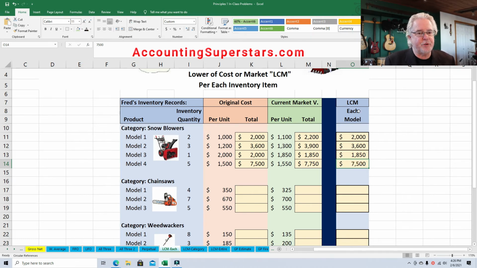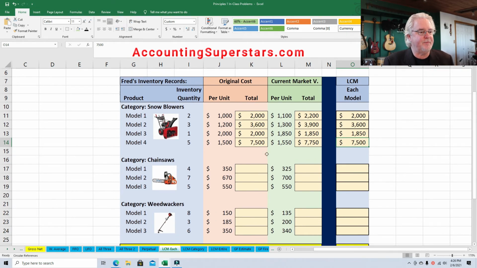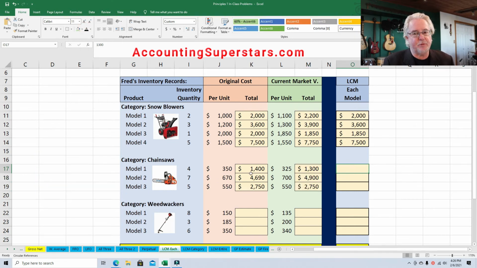Now, I won't bore you with going through all of these, but I'll just highlight what the numbers would be. So let's go down to the chainsaws. There's the original cost for the chainsaws, and if Fred had to replace them, here would be the replacement cost. So Fred would just simply take the lower of the two. So he would say, oh, well, what's lower, 1,400 or 1,300?